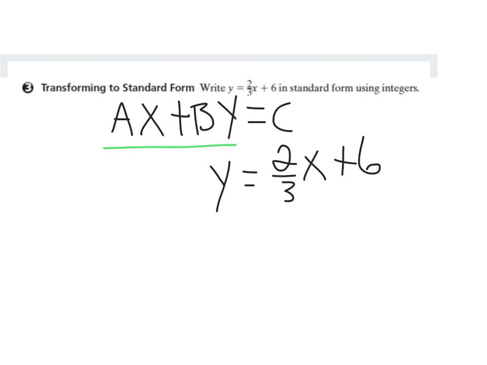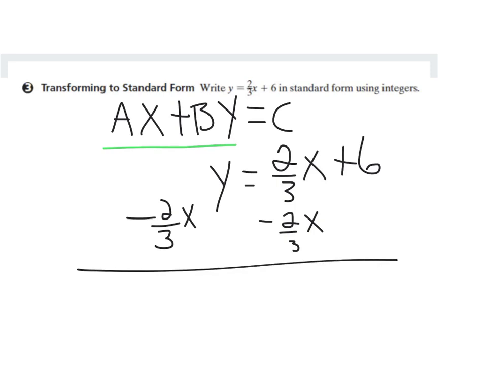So the first step in converting slope-intercept form to standard form is to get that x to the other side of the equation. So I'm going to subtract 2/3 x from both sides. And now I'm left with negative 2/3 x plus y, and I'm just going to put a 1y there to keep reminding you, equals 6.